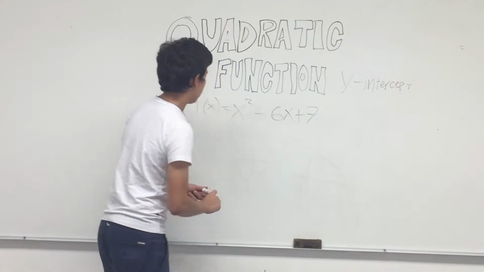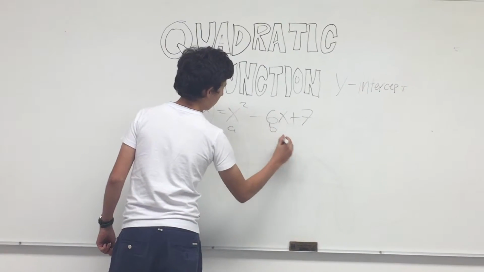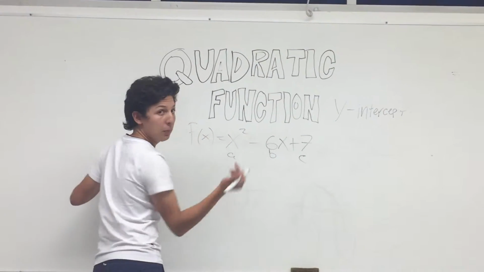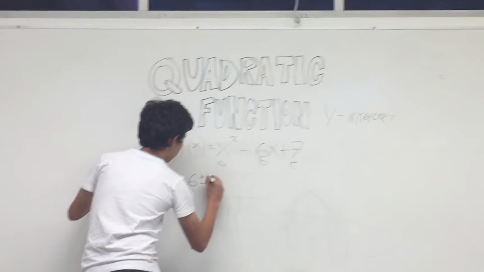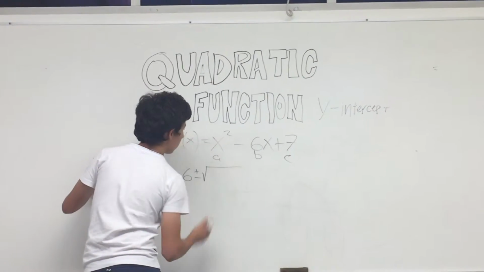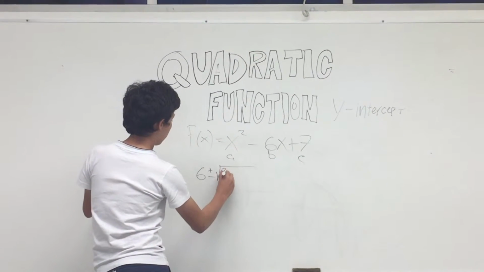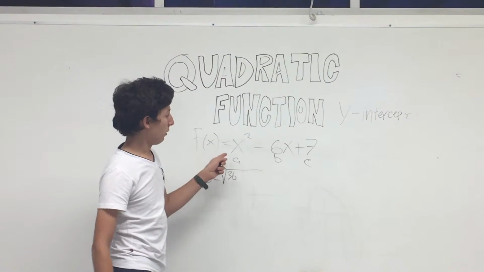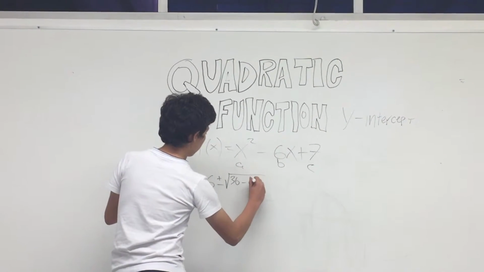So we will make something like this: this is a, b, c. So minus b, minus 6, is 6, plus or minus the square root of minus 6 squared, which is 36, and minus 4 times 1 times 7, which is minus 28.